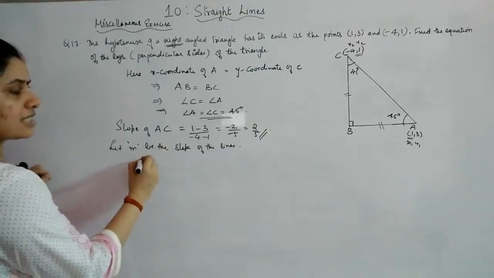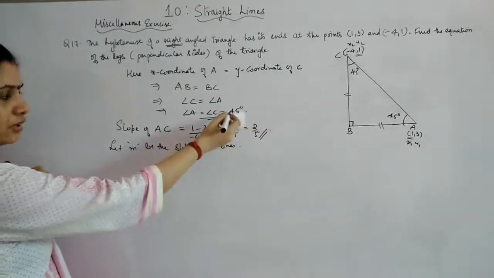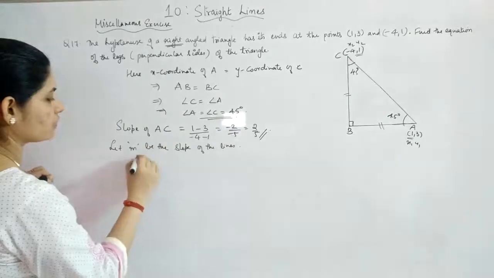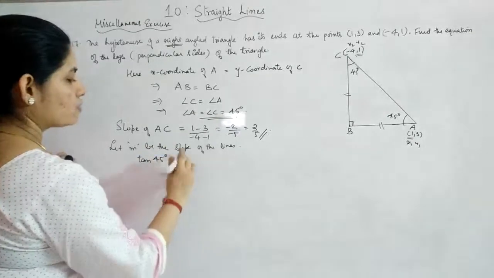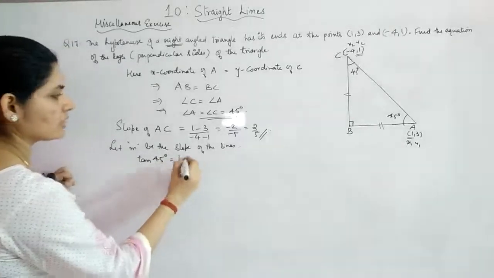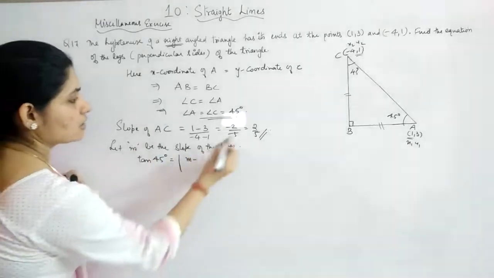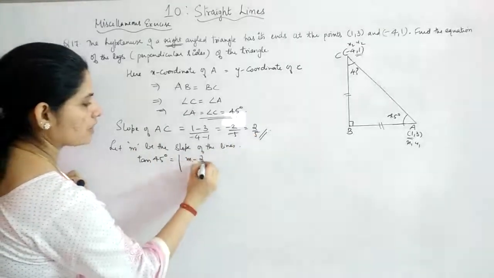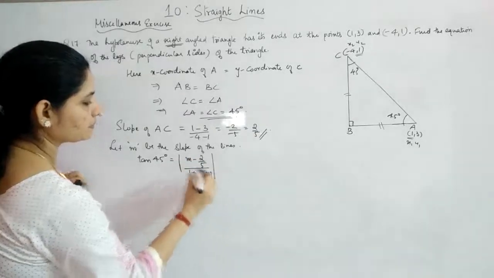Now we will start with tan 45 degrees. Tan theta, with theta taken to be 45 degrees, so tan 45 degrees is equal to mod of m2 minus m1 by 1 plus m1 m2. Here one slope is m, the other slope is 2 by 5. So m minus 2 by 5 by 1 plus 2 by 5 into m.